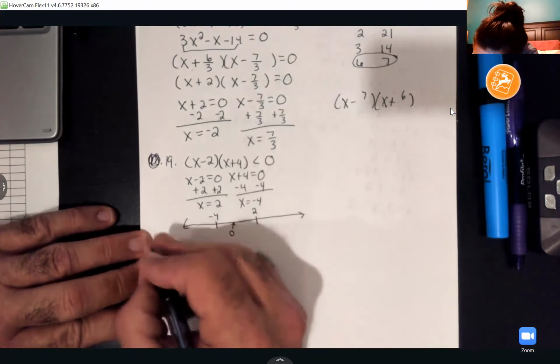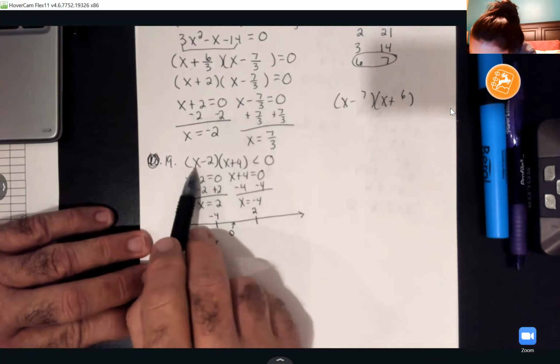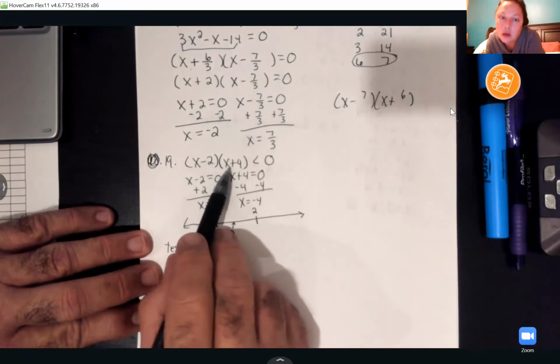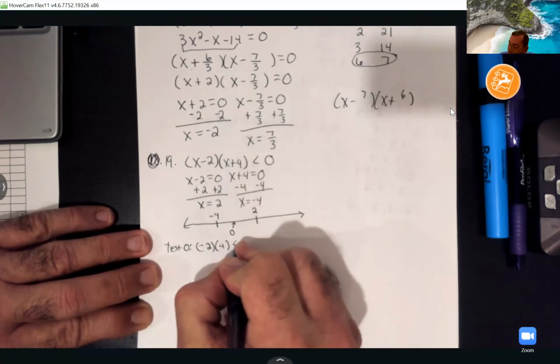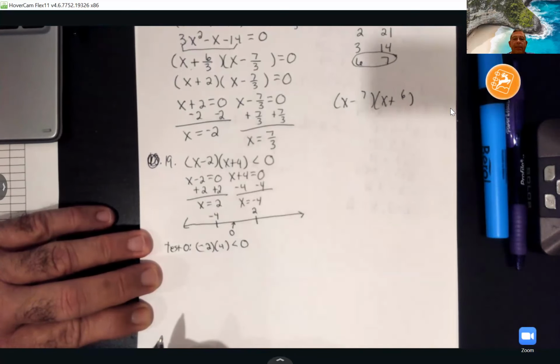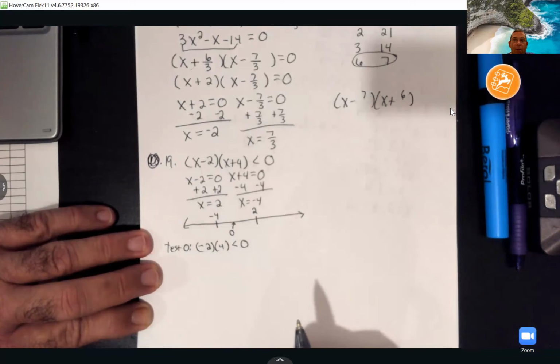So let's test our 0. Put a 0 in here, and then you're going to multiply that. So if you put a 0 here, you get -2. You put a 0 here, you get 4. Both those have to be less than 0. So what is a -2 times a 4?